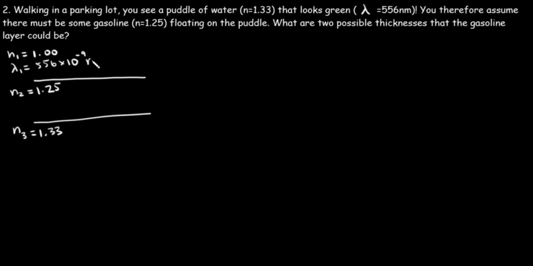And also, just in general, these questions give you the wavelength of the air and not really the wavelength in the film, just because they want you to calculate it. So let's go ahead and do that. The formula is wavelength 1 over wavelength 2 equals N2 over N1.